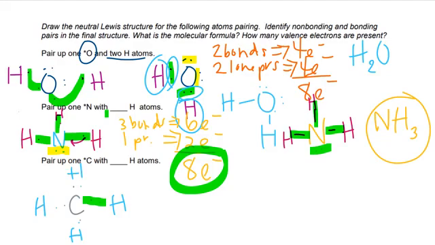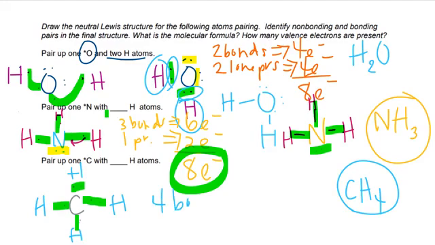So we would have 1, 2, 3, 4 bonds coming off of carbon. So there would be 4 H's. So CH4 would be our formula. And we would have 4 bonds, which is 8 electrons, and no lone pairs. Carbon doesn't have any lone pairs.